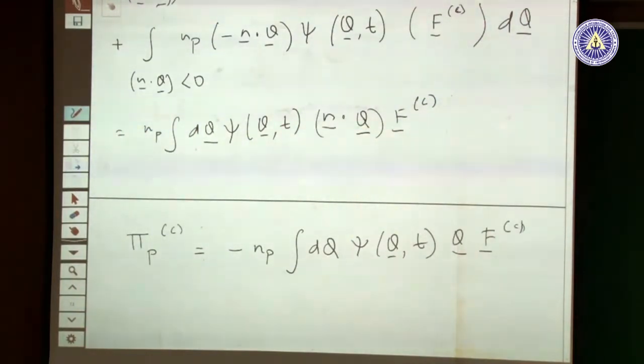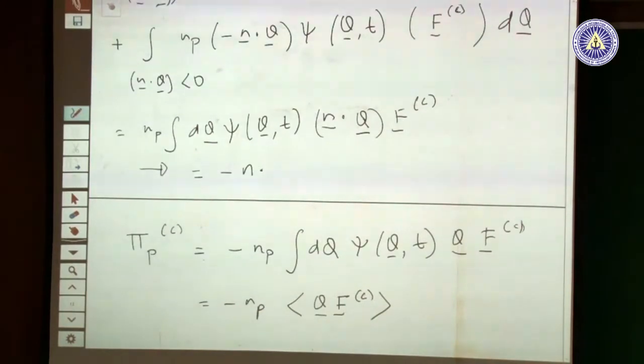This force per unit area can clearly be seen to be minus n dot, and this is nothing but the average of q F c, because that is how we defined an average.